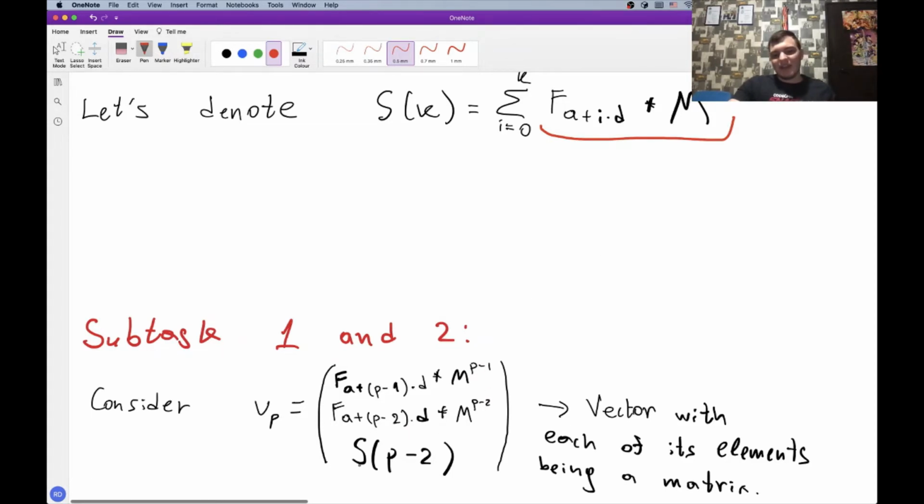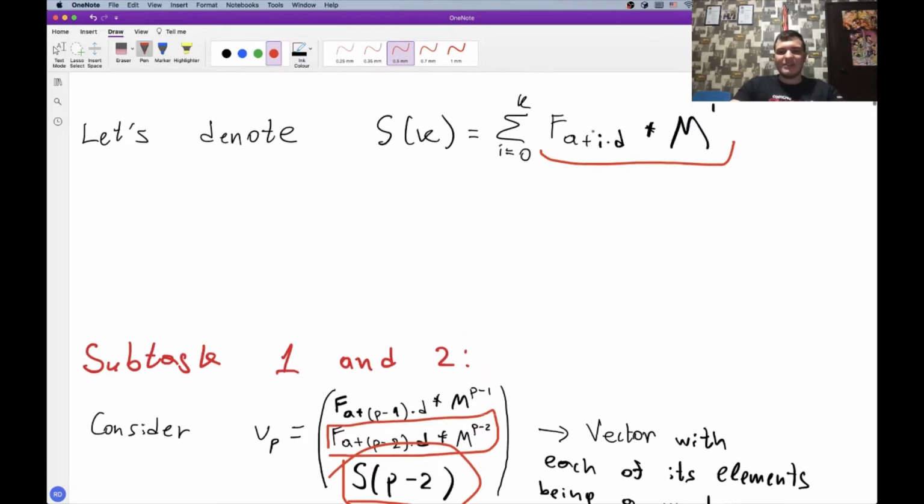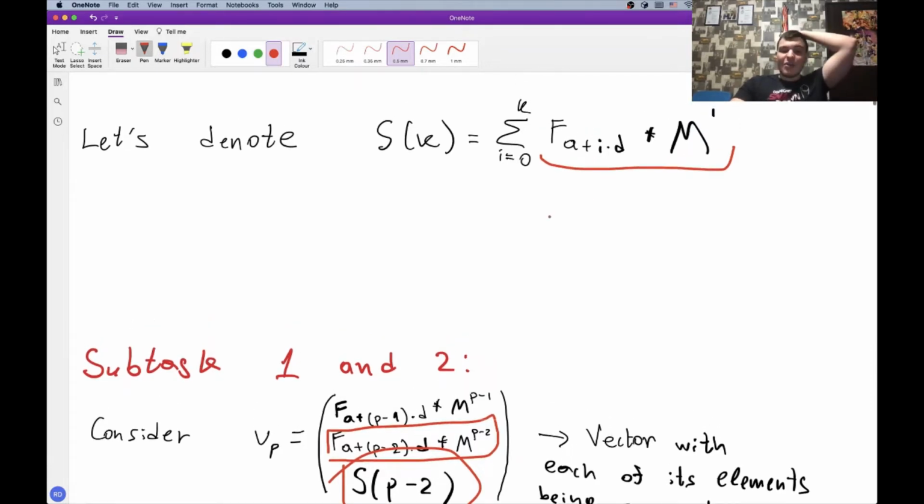Since our sum is s of p minus 2, we keep the last term in this sum, and then we keep the one after that, which is not included in this sum, but we can easily calculate it by using the Fibonacci definition and find the next one.